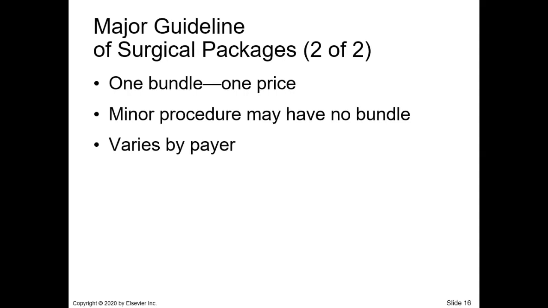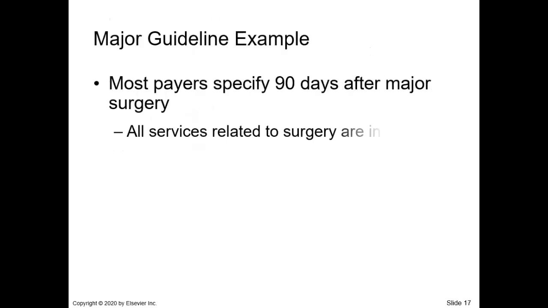So it was one price for whatever leads up to and follows that has to do with that birth. One bundle, one price. Minor procedure may have no bundle, and it varies by the payer. So we're going to talk about an example.